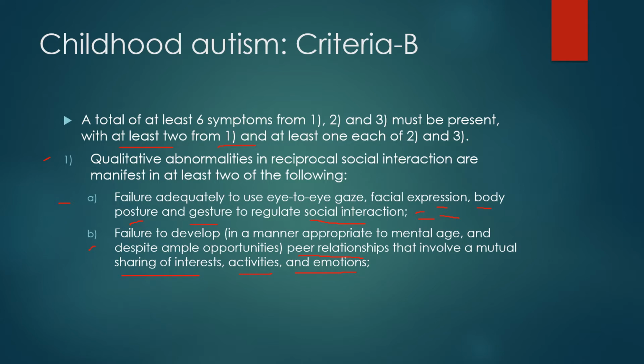So it's important to understand here that the person is having difficulty in building up peer relationships that involve mutual interests, mutual hobbies or activities and emotions. The person is having difficulty, and make sure that these are measured appropriate to that age, and also that the person has been given ample opportunities to develop these kind of relationships.